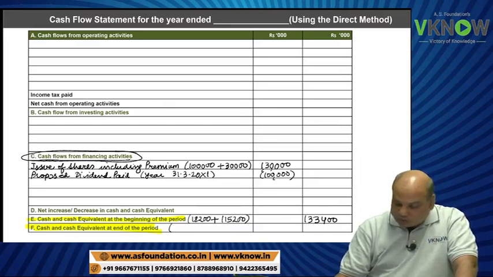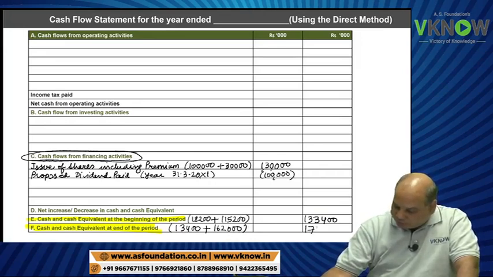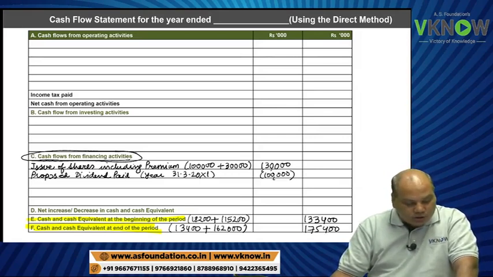And this cash and cash equivalent at the end: cash in hand 13,400 plus 1,62,000, and that is equal to 1,75,400.